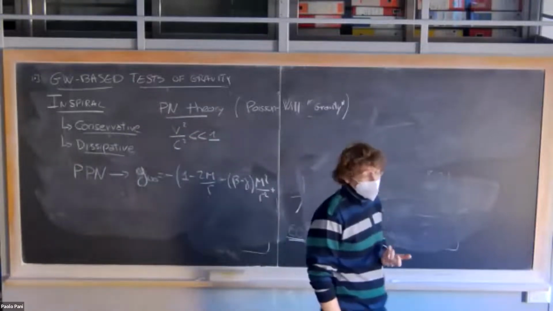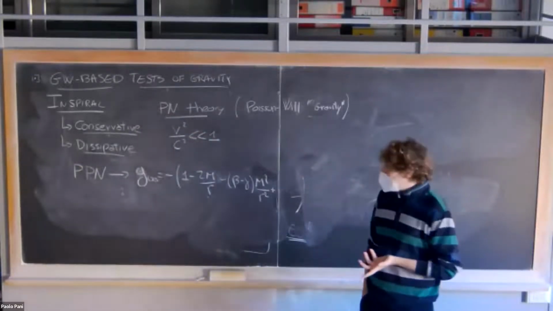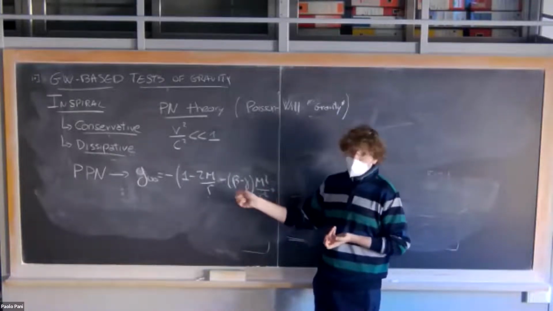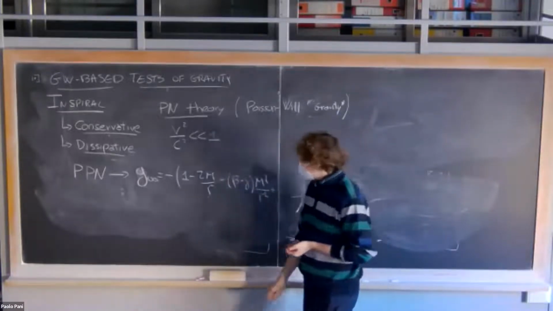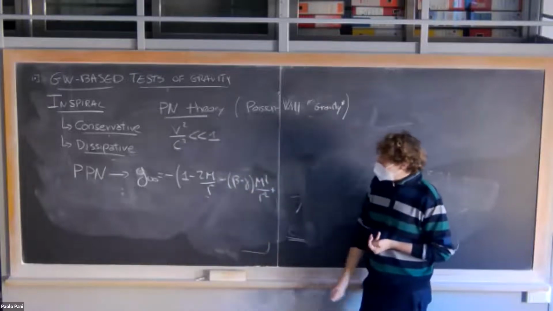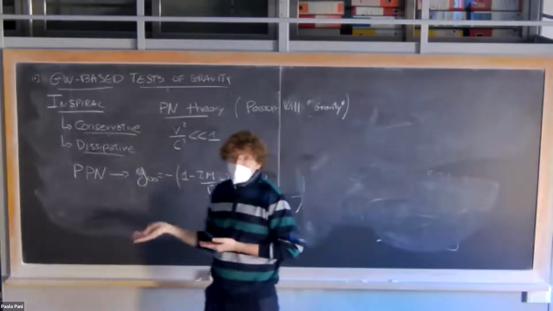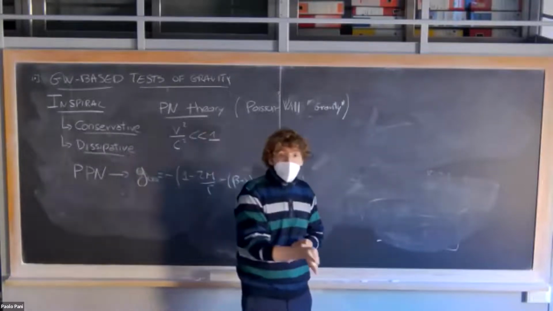The crucial idea of a parameterization is to introduce terms which are dimensionless numbers, that can be used to map the generic parameterization into a given theory.